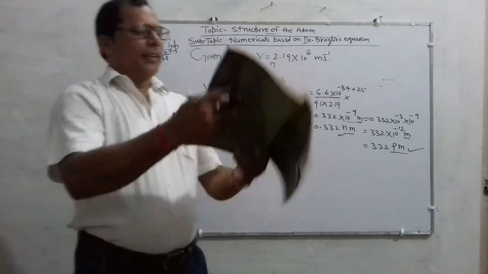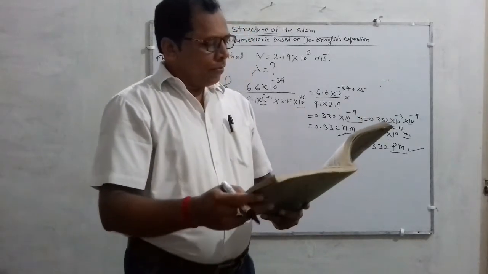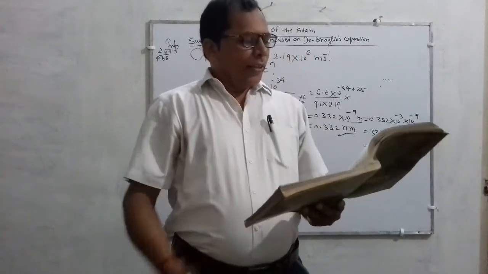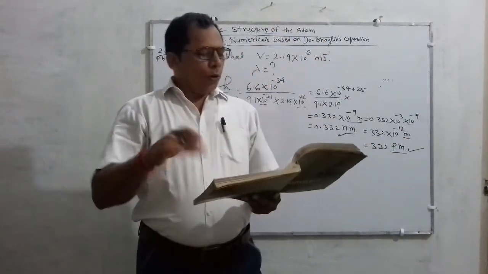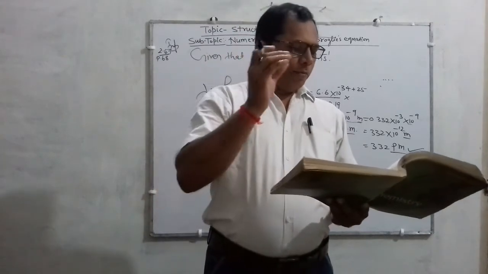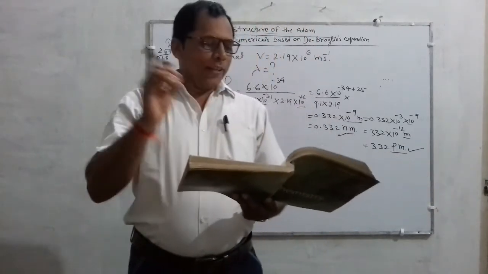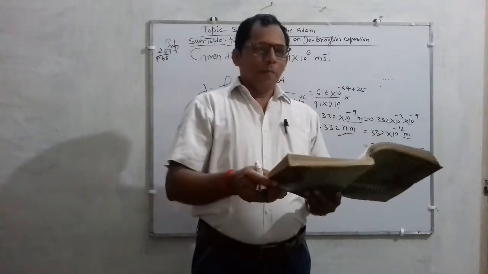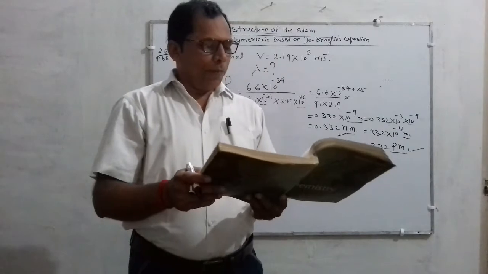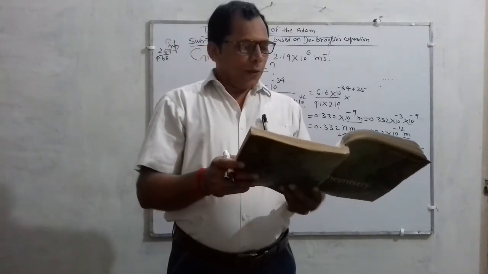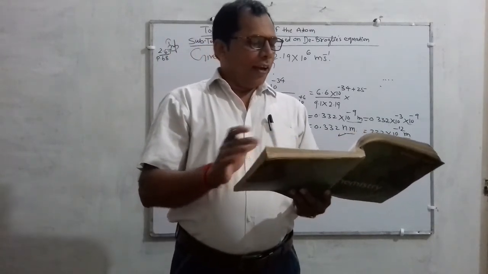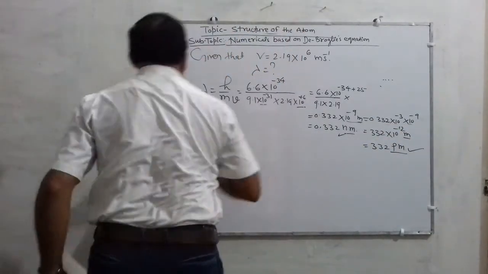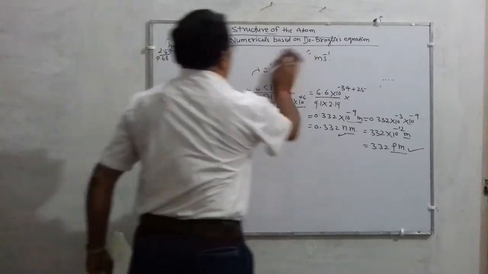Well, next question, one more, children. That is question number 2.57. This question also looks like the breadth and length is much, but its solution is very simple. Next question is 2.57c. Just see, children.